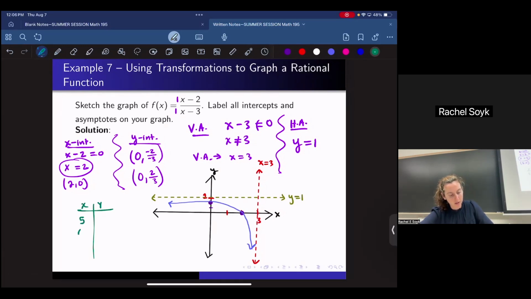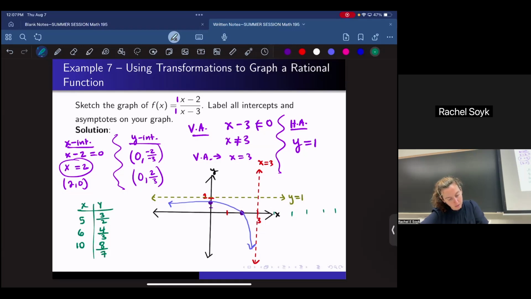When x is 5, when x is 6, maybe when x is 10. 5 minus 2 is 3, divided by 5 minus 3 is 2. 6 minus 2 is 4, divided by 6 minus 3 is 3. And then 10 minus 2 is 8, divided by 10 minus 3 is 7. So we get 5, 6, 7. The 10 we might not be able to plot.